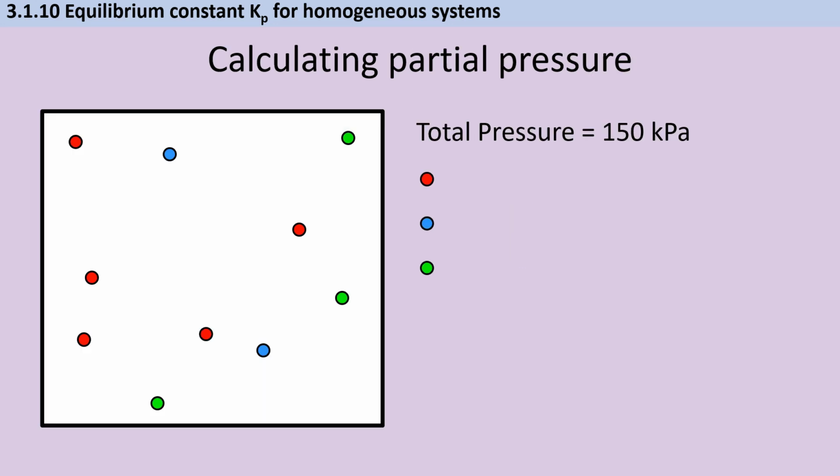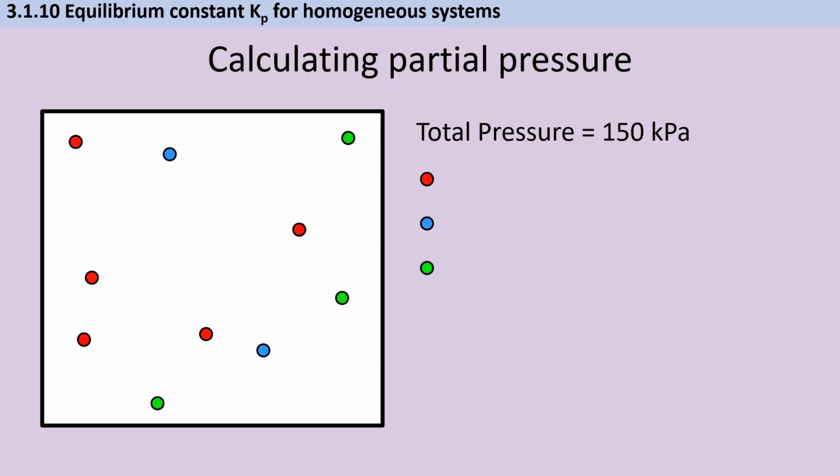A gas will exert a pressure based on how many moles are present, regardless of the identity of that gas. Therefore, if we know the total pressure of a gas mixture and we know what proportion of the mixture each gas is, which is what we call the mole fraction, we can assign a partial pressure just to each individual gas.